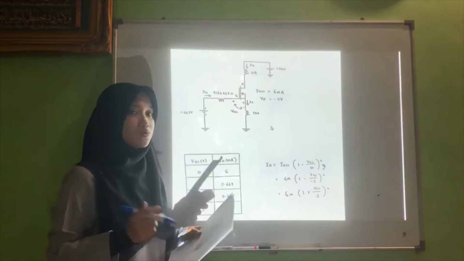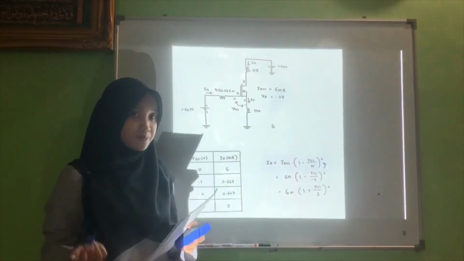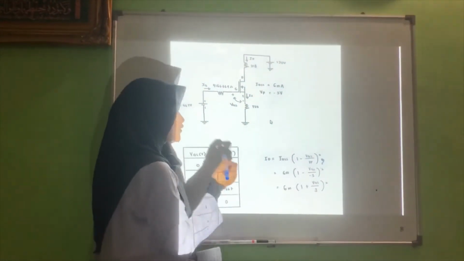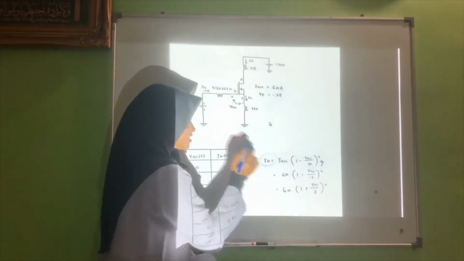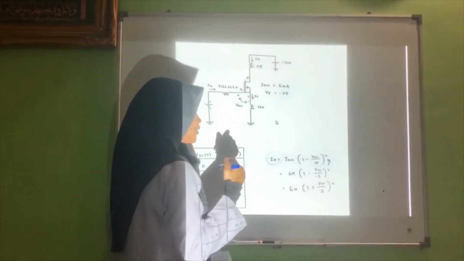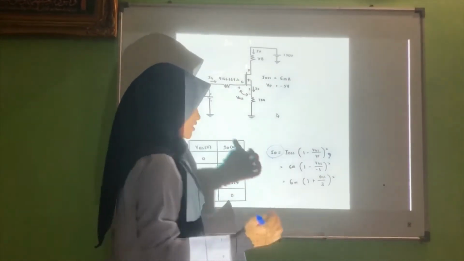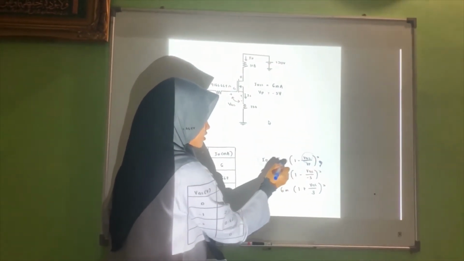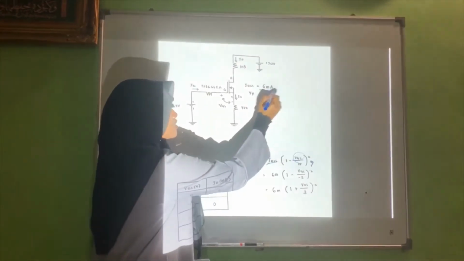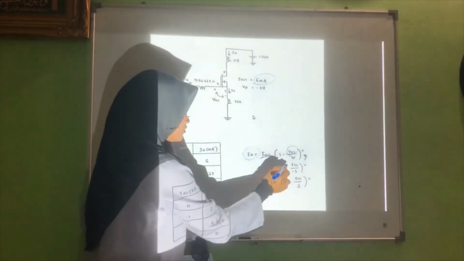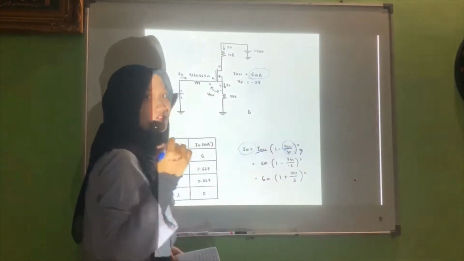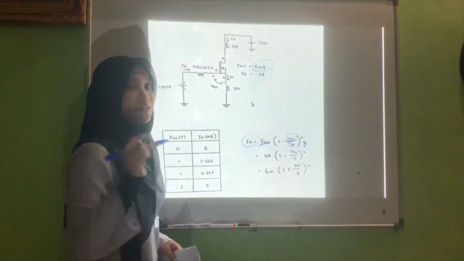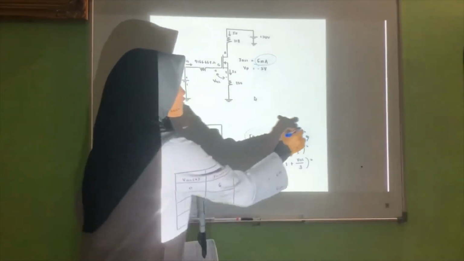Since we use N channel D MOSFET, we need to find the ID. This is the equation that we use to find the ID. IDSS we get from the question, which is 6 milliampere, and VP is negative 3 volt. Don't forget the power of 2 here.